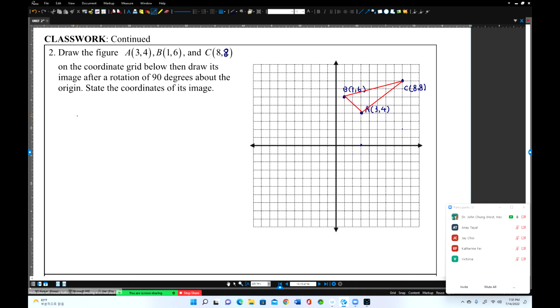A is 3 and 4, B is 1 and 6, C is 8 and 8. What is A prime? What is B prime? C prime?